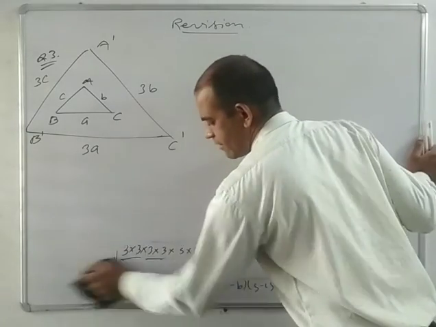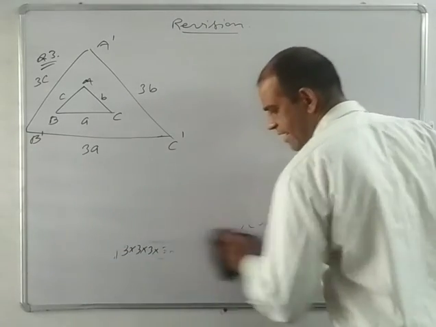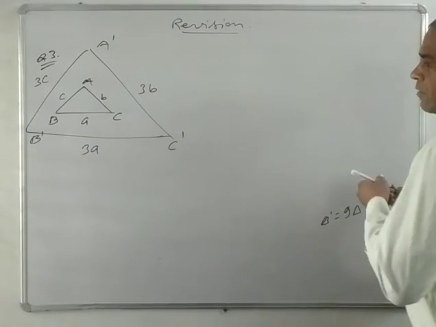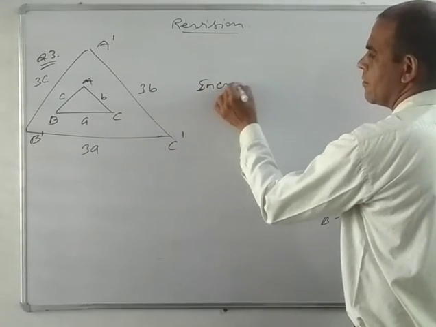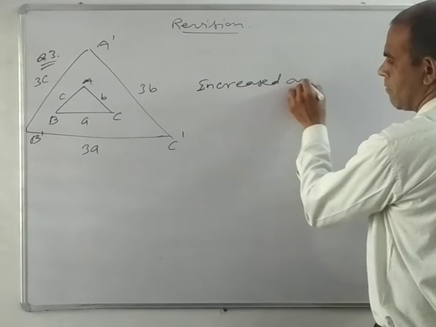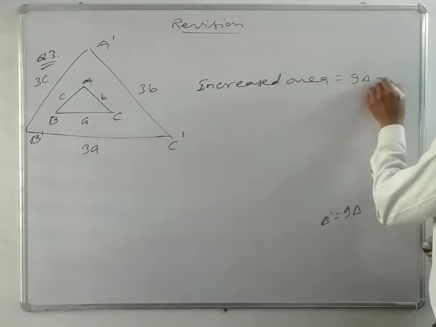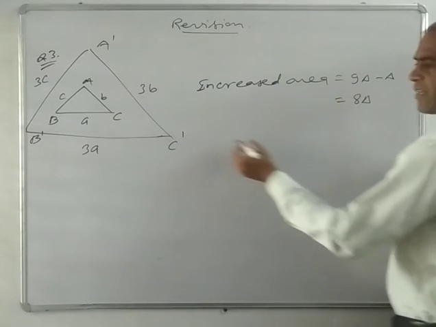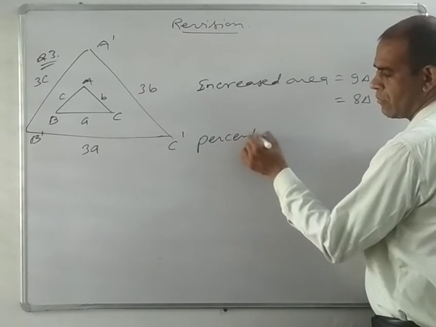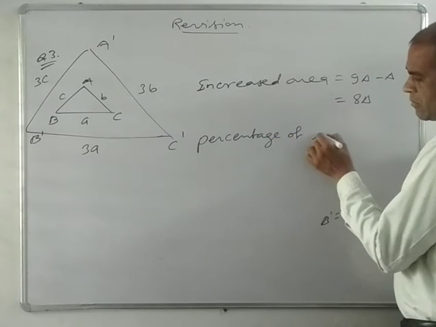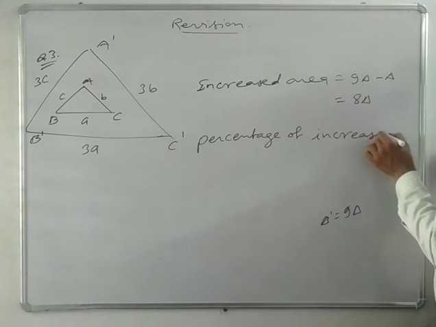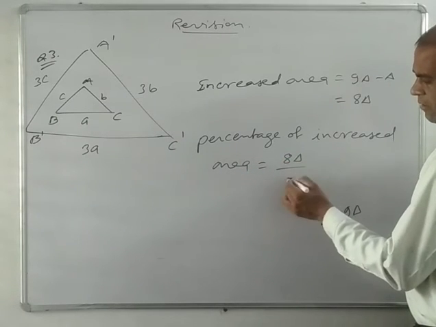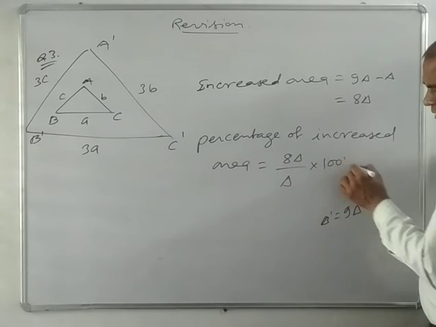So 8 delta is the increased area: 9 delta minus delta, that is 8 delta. And the percentage of increased area is 8 delta upon delta into 100%.